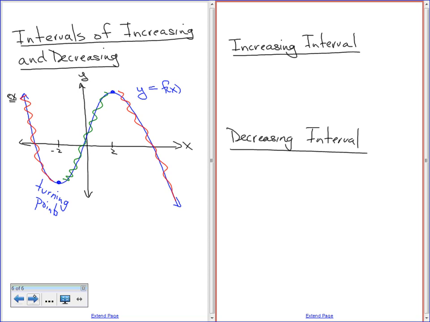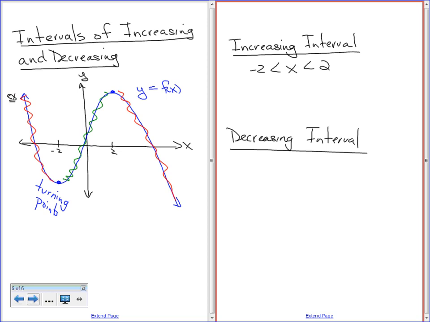Okay. So I want to write down the interval that represents all the numbers between -2 and 2. So what I want to write is x is less than 2 and x is greater than -2. Make sense?